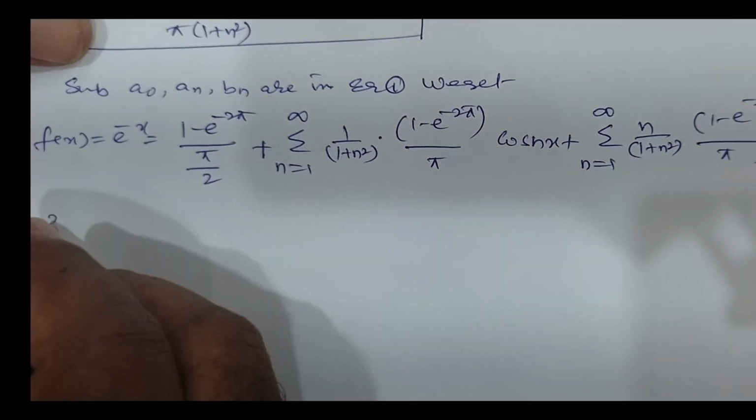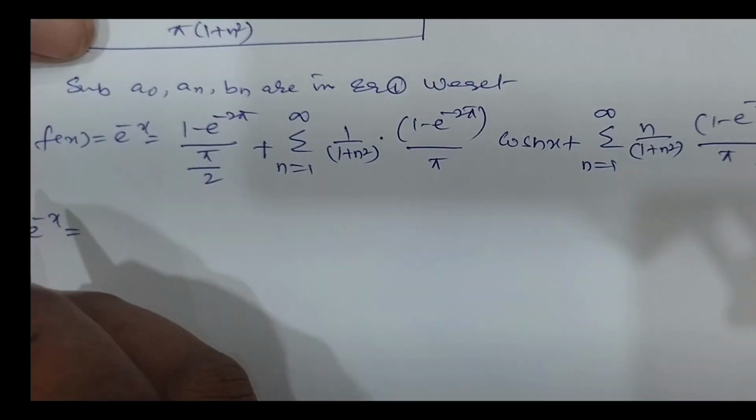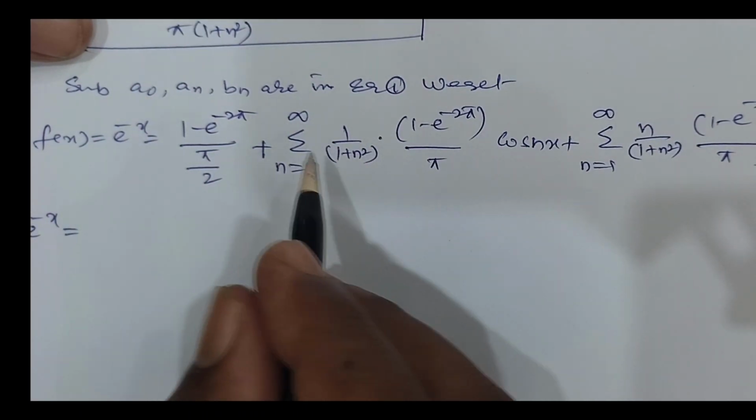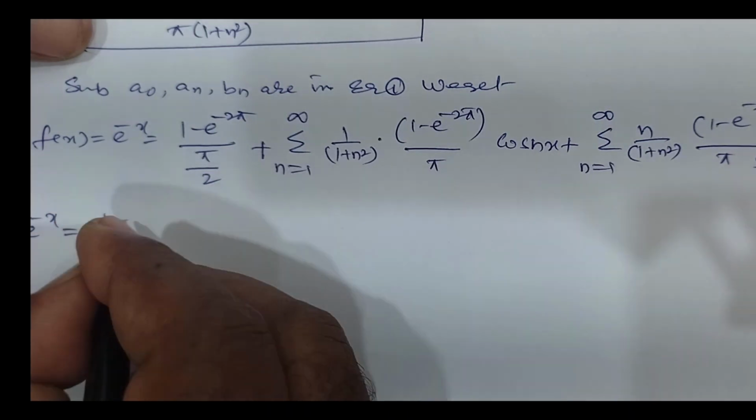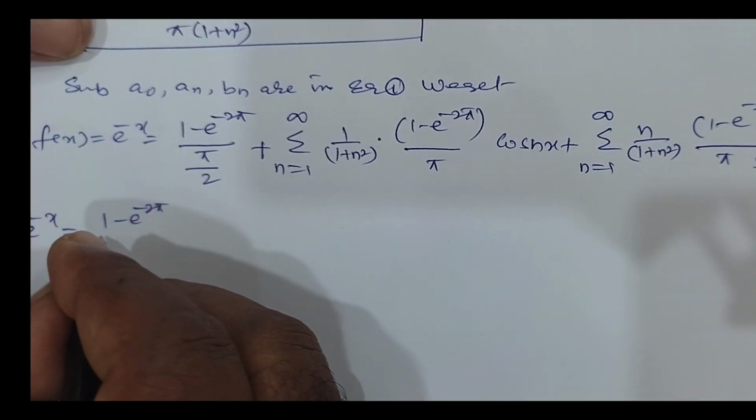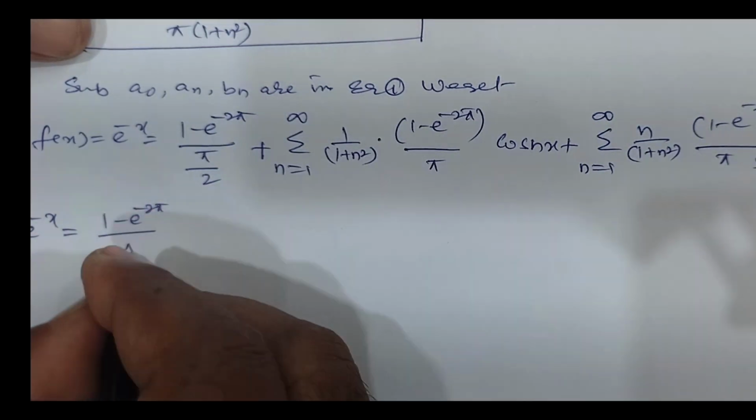So e power minus x is equal to, we take common 1 minus e power minus 2 pi by pi.